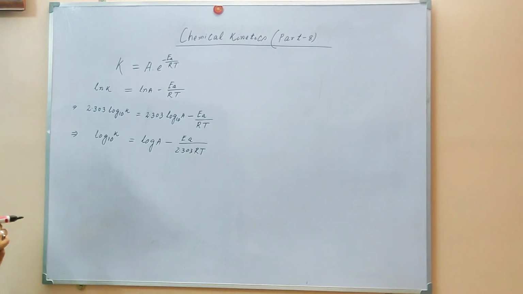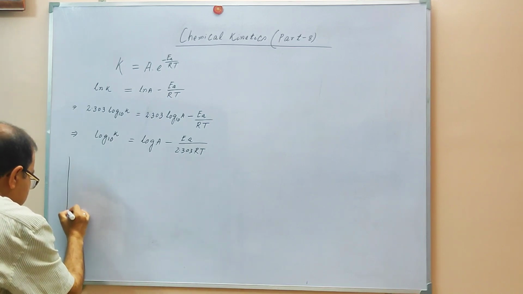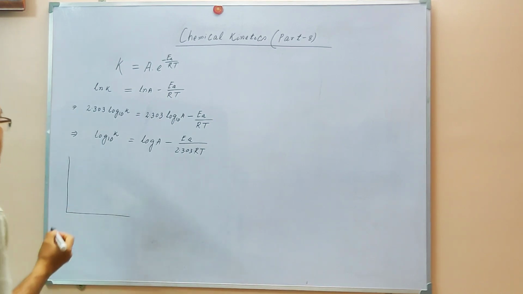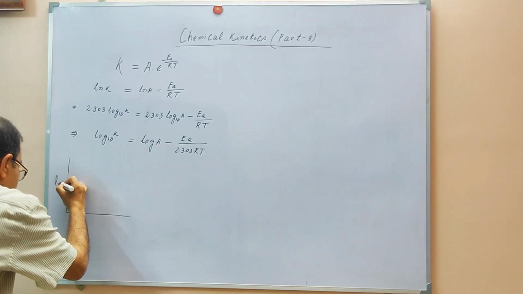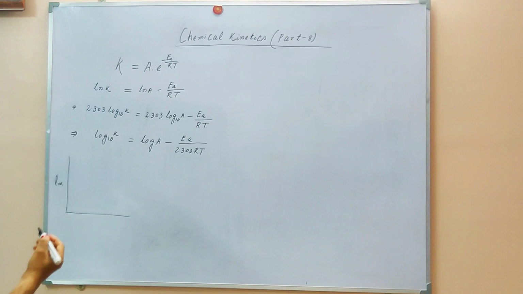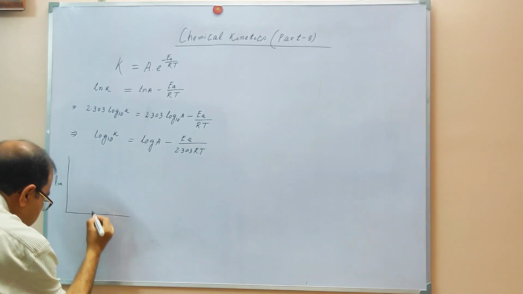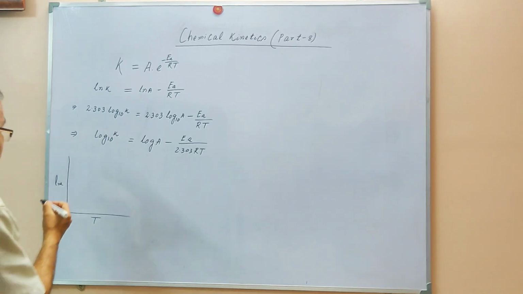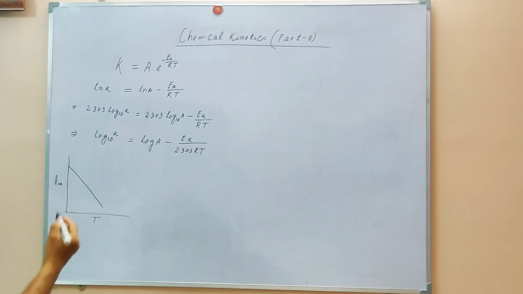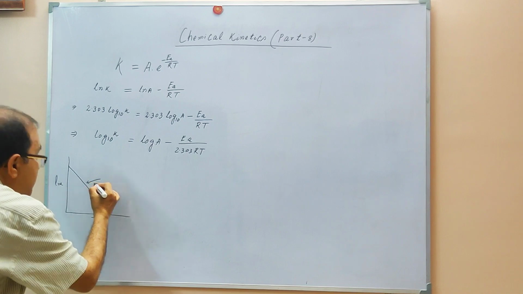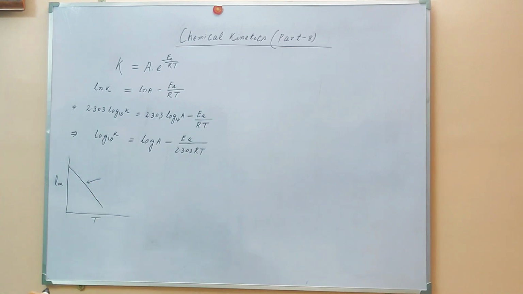So now we will compare this with a straight line. First we plot ln k with temperature, and we will find this curve. Here you can find there is a slope.